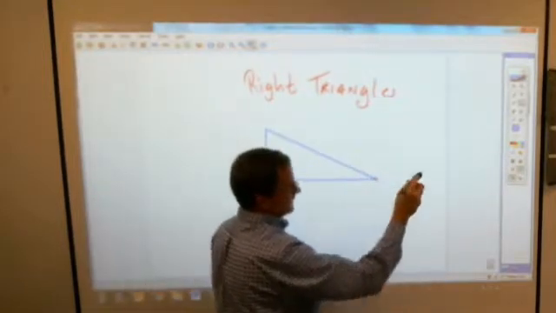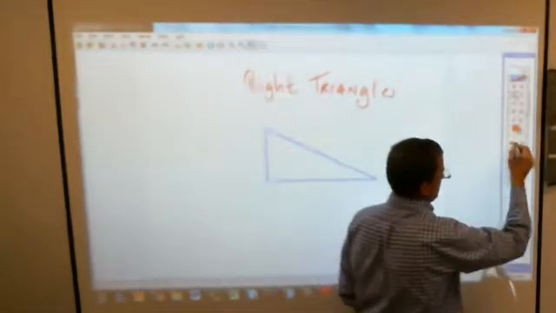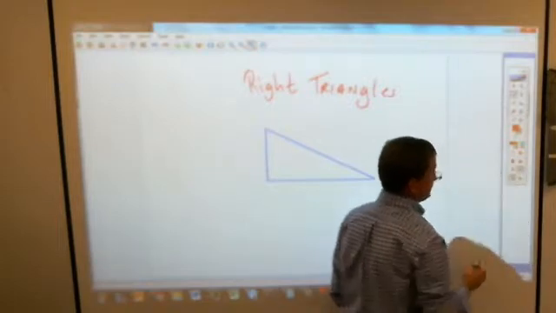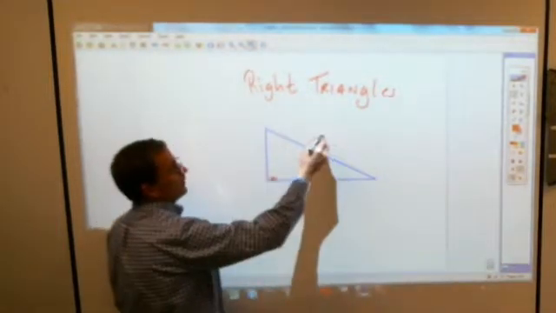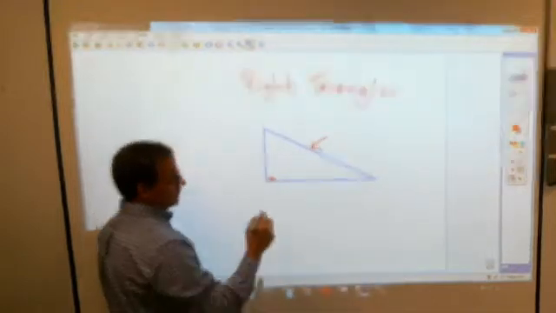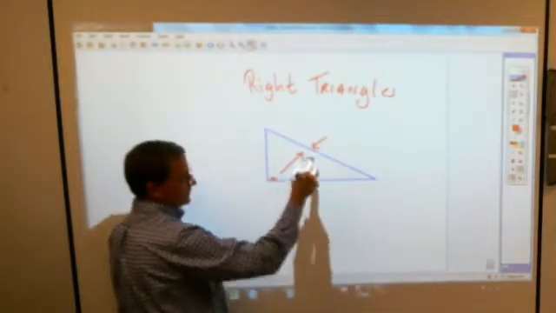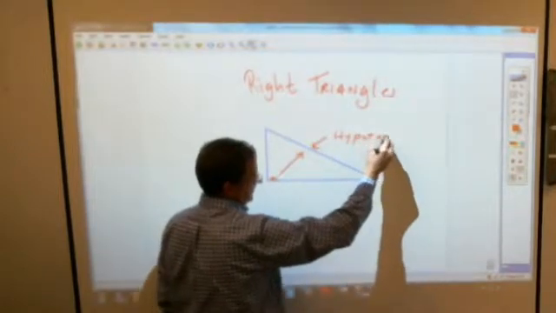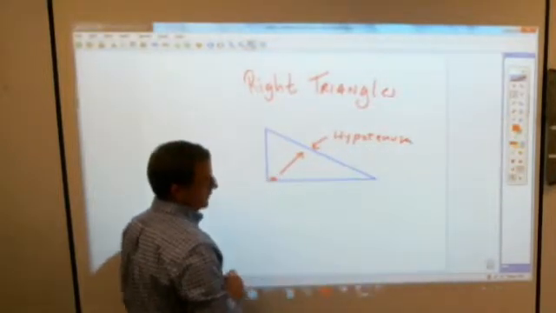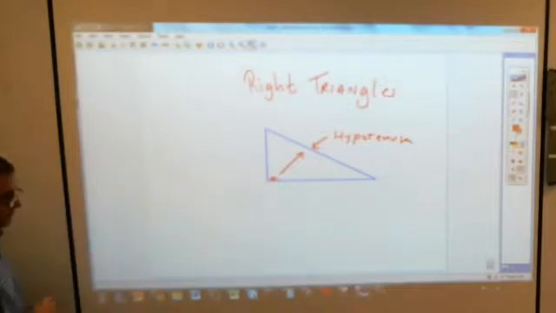We have some definitions to talk about. The first one you already know. The long side of a right triangle, the side opposite the right angle, is called the hypotenuse.